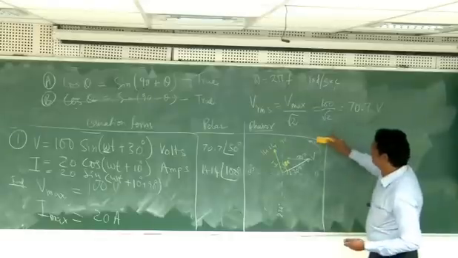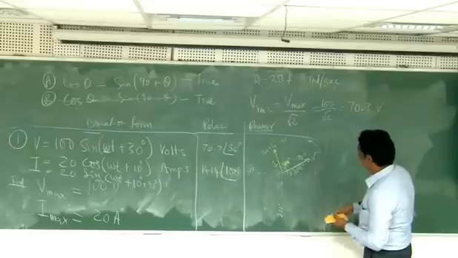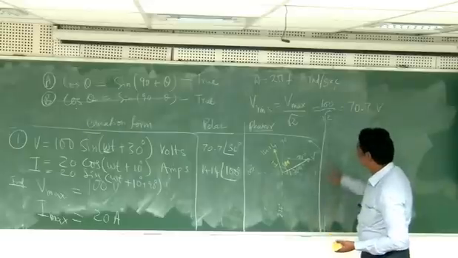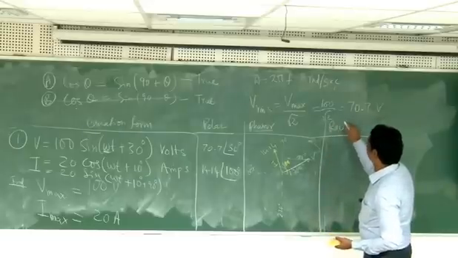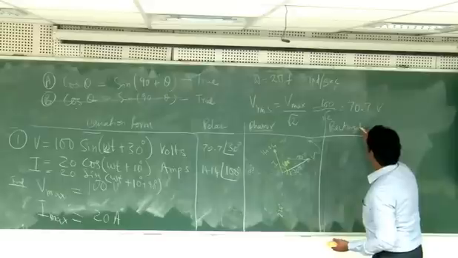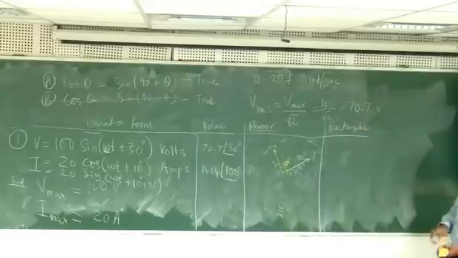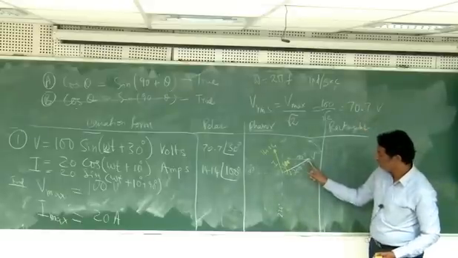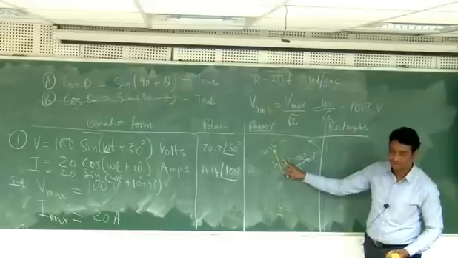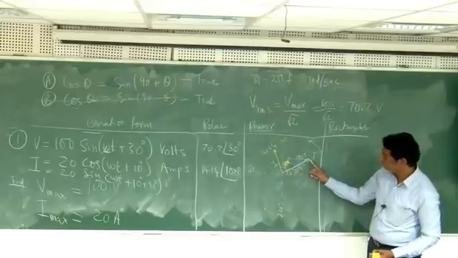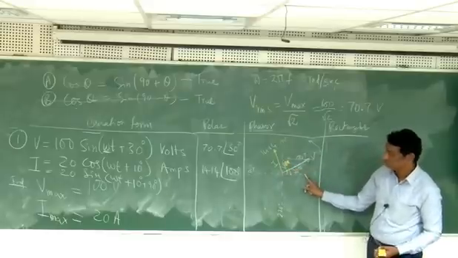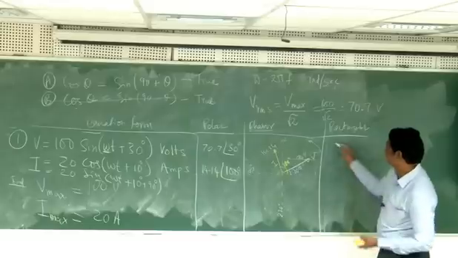The other form of representation, this is phasor representation. The other form of representation, rectangular. In rectangular, what you do is take this V, and find the x component and the y component. The x component will be 70.7 into cos 30.